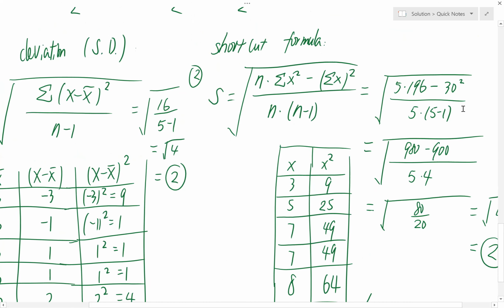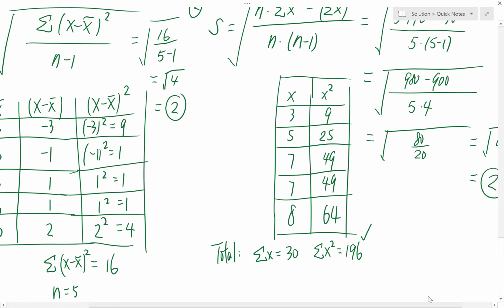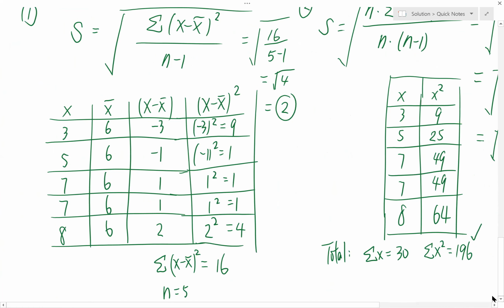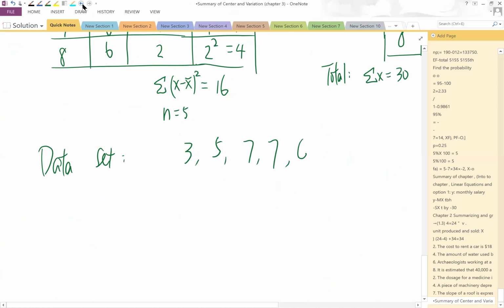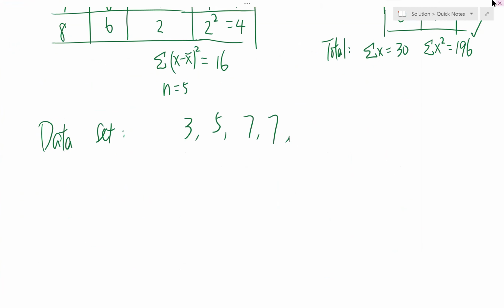And also the z-score. Since we know the sample mean, again we're still using the same data set: 3, 5, 7, 7, 8. Now let me show you how to calculate the z-score really quickly. Each one of these is a data value.